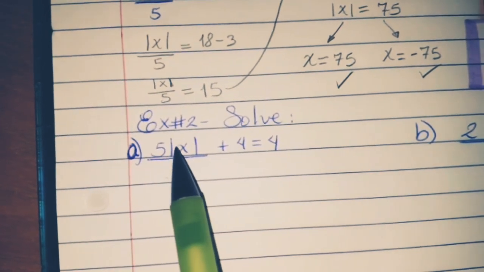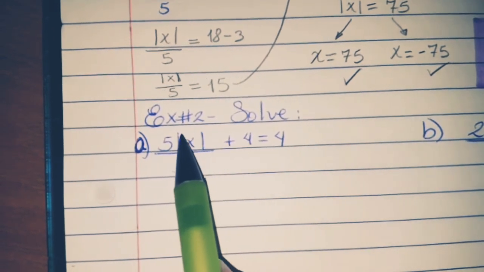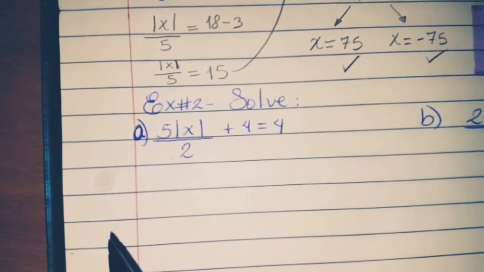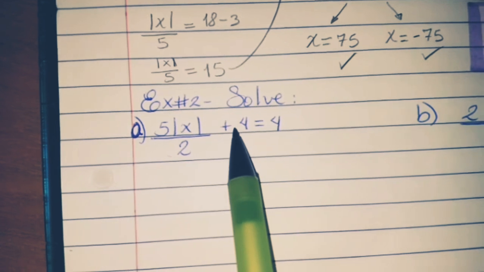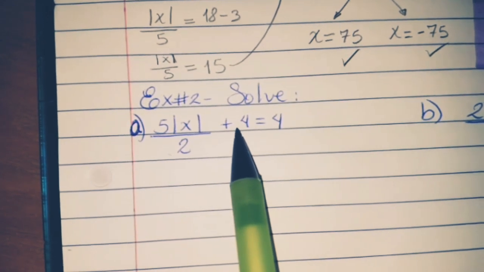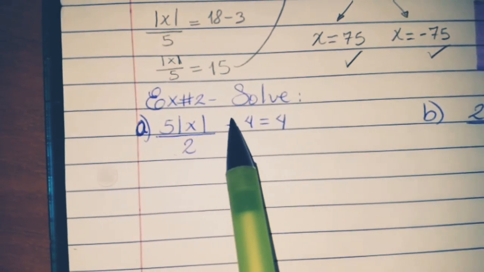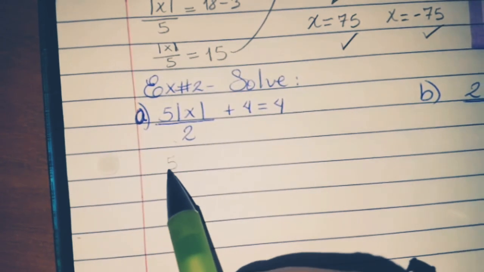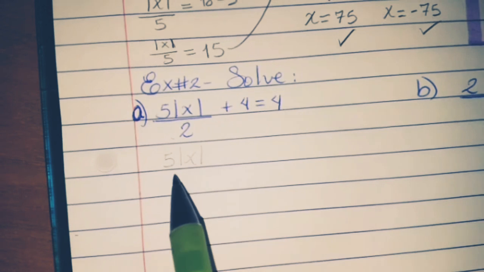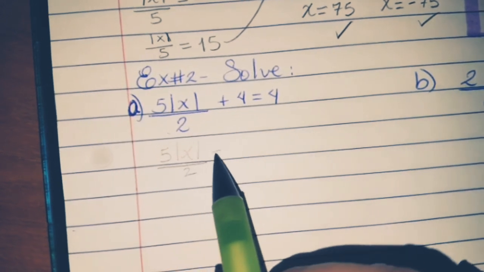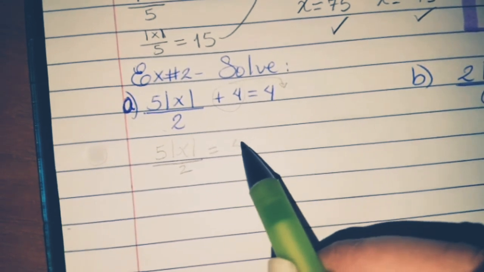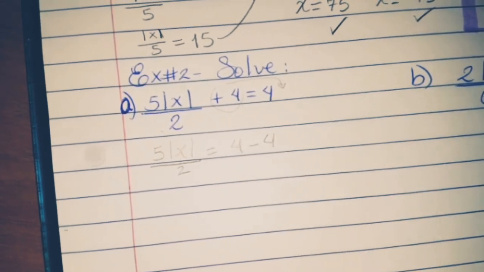The idea, as I said previously, is to isolate the part where we have the variable with the absolute value. So that means I'm going to start eliminating the positive 4 using inverse operation. Inverse operation of plus is a minus, right? So 5 times the absolute value of x divided by 2 equals, let's move this to this side of the equation, 4 minus 4.